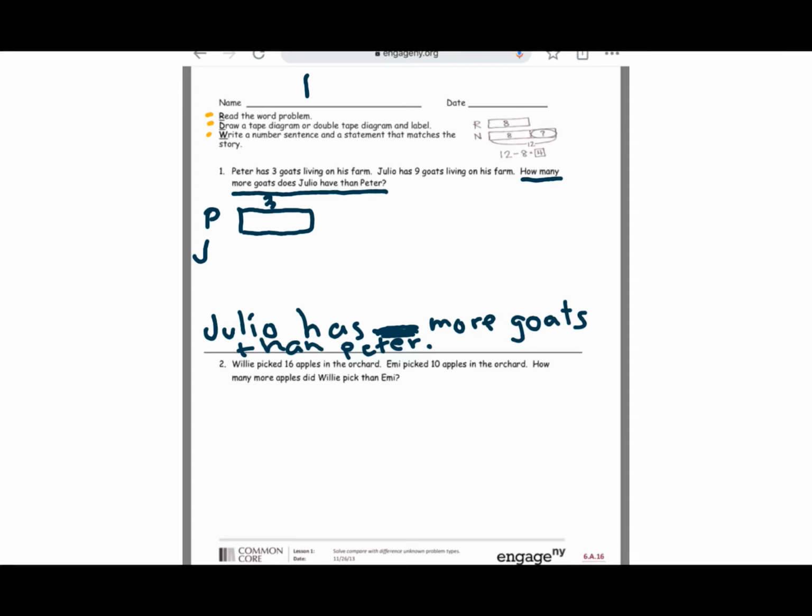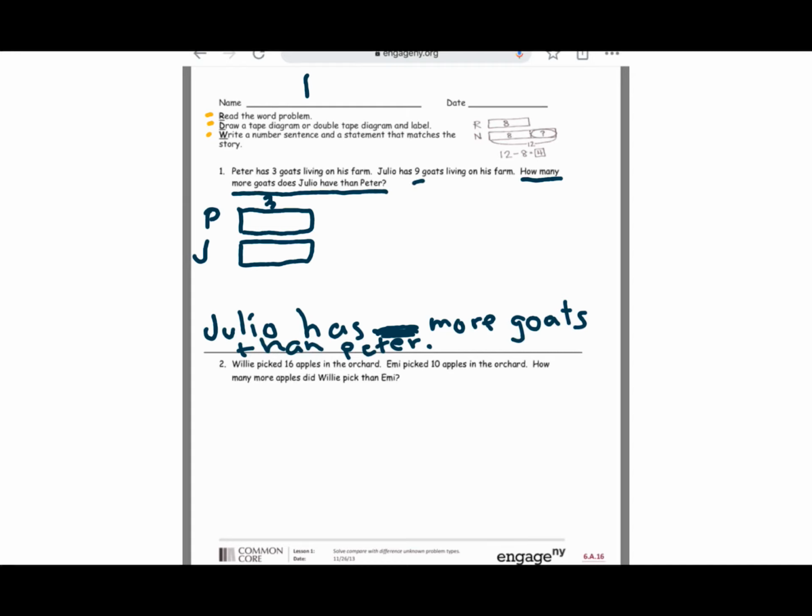And Julio, well, I'm going to make the same size tape diagram as Peter so that both of them start off the same. But you know what, boys and girls? Julio has more than 3 goats.